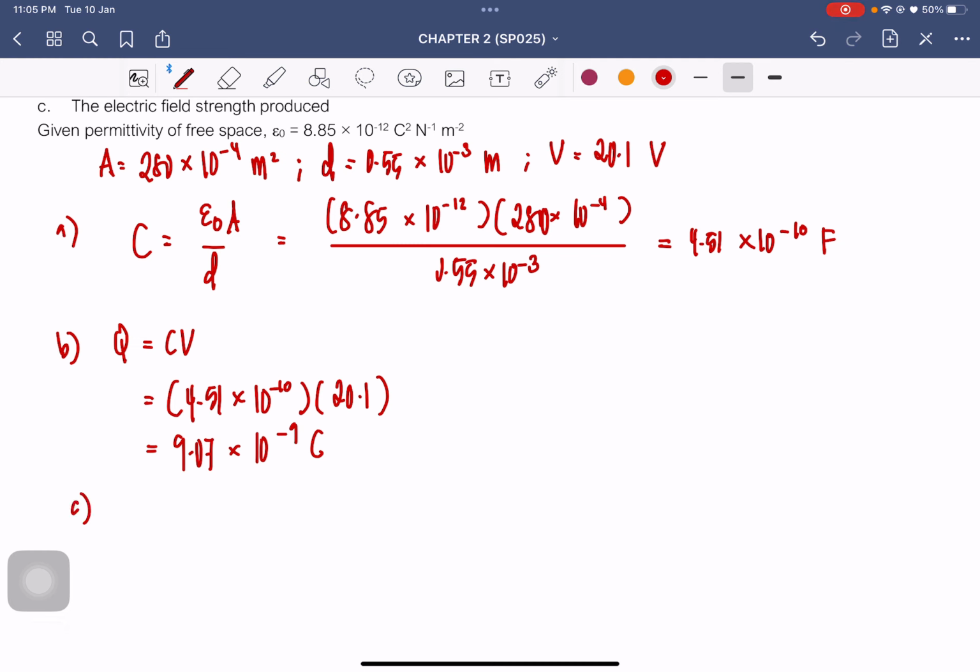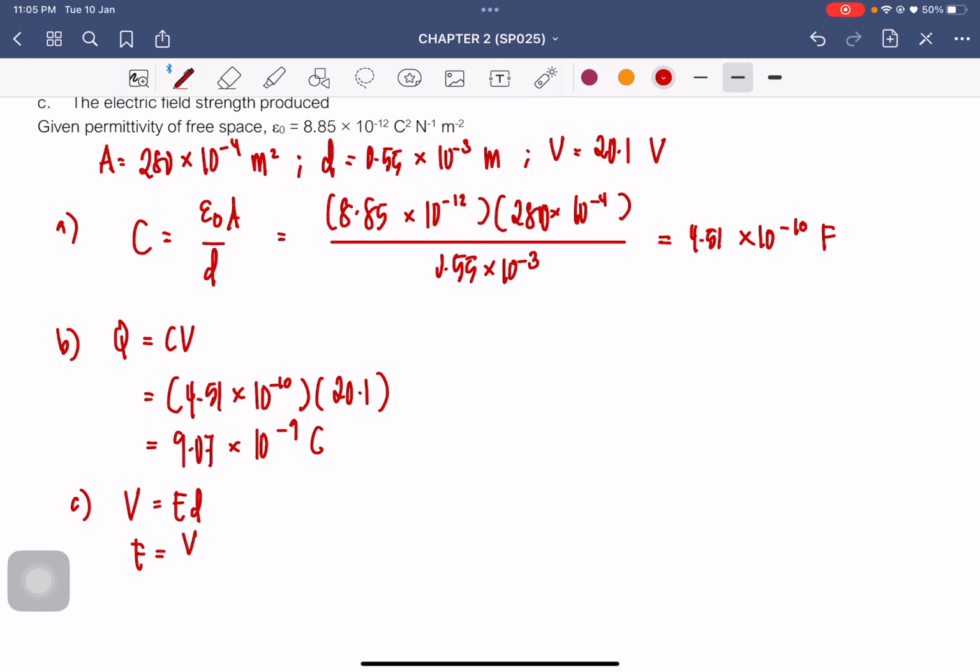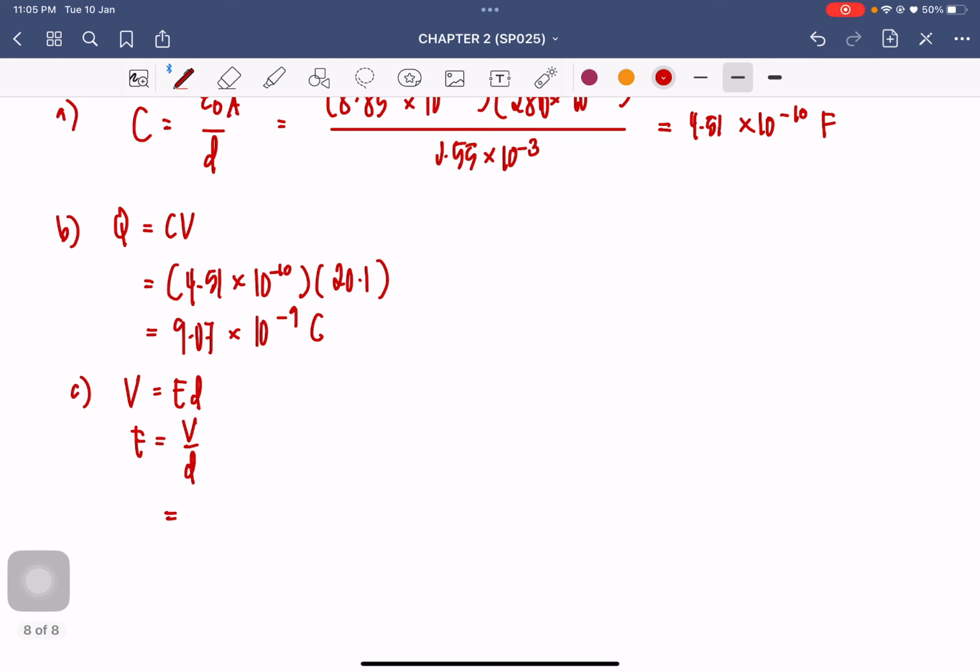Okay, and lastly, the electric field strength produced. Remember, we have an equation that uses V equals Ed. So this is E equals V over d. So that is 3.66 times 10 to the power 4 volt per meter.